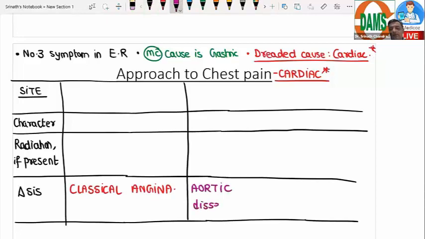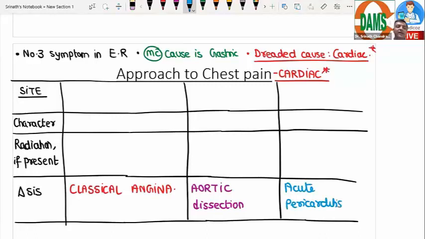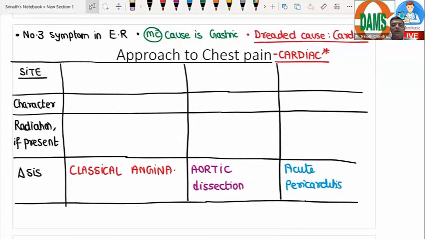In the emergency, aortic dissection can also mimic myocardial infarction, and it can also be because of acute pericarditis. So we have different cardiac causes of chest pain, and we want to know how to approach chest pain.